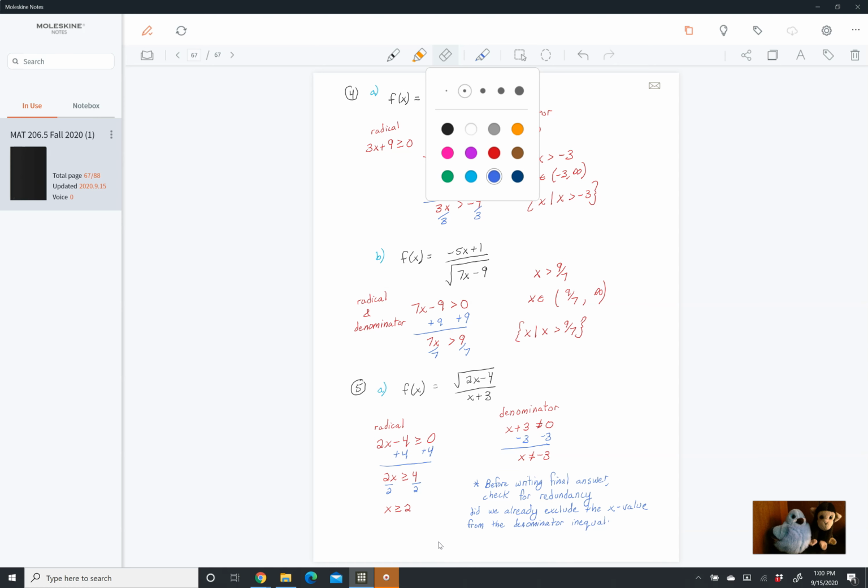So by saying x is greater than or equal to 2, have we already said x is not equal to negative 3? And the answer is yes. Okay. So we don't say it twice.